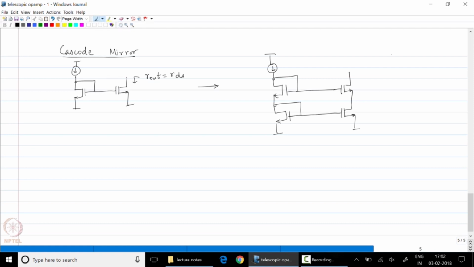So this is the cascode current mirror. It has a very large output resistance of approximately GM RDS squared, if I assume all of them are identical. And finally, from the cascode current mirror, I move to the high swing cascode circuit.